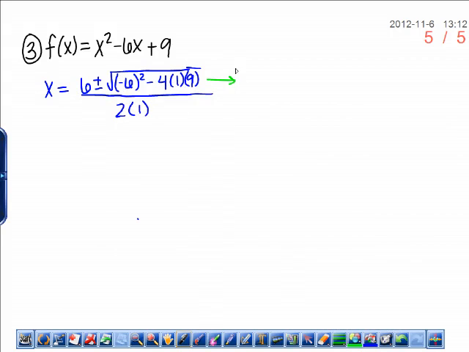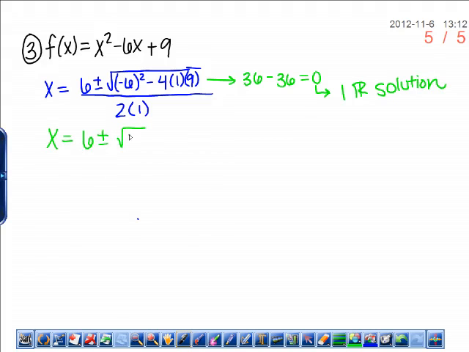This is negative 6 squared, which is 36, minus 4 times 9, which is 36. This is 0. So when your discriminant is 0, what does that tell us? One real solution. So this is x equals 6 plus or minus the square root of 0 over 2, which just gives us what? 3.